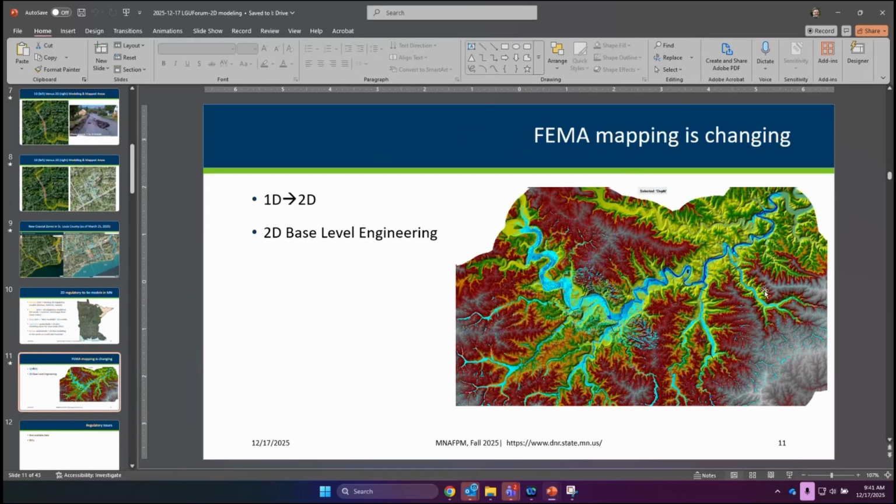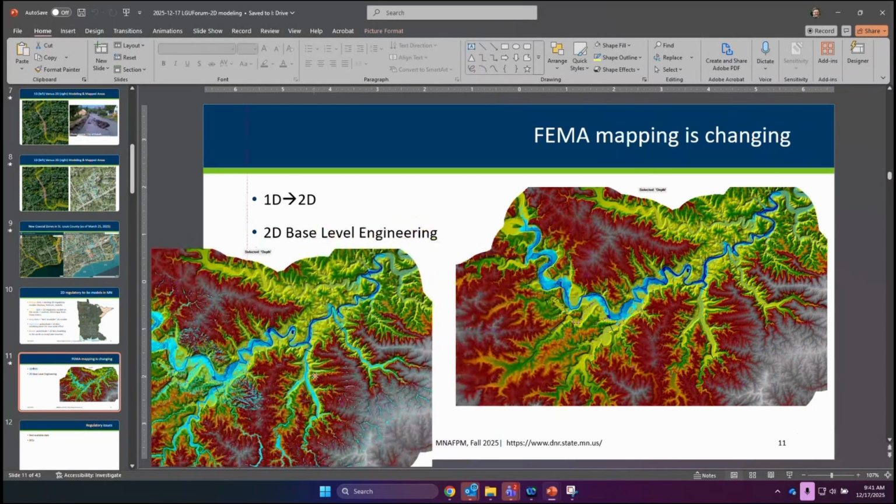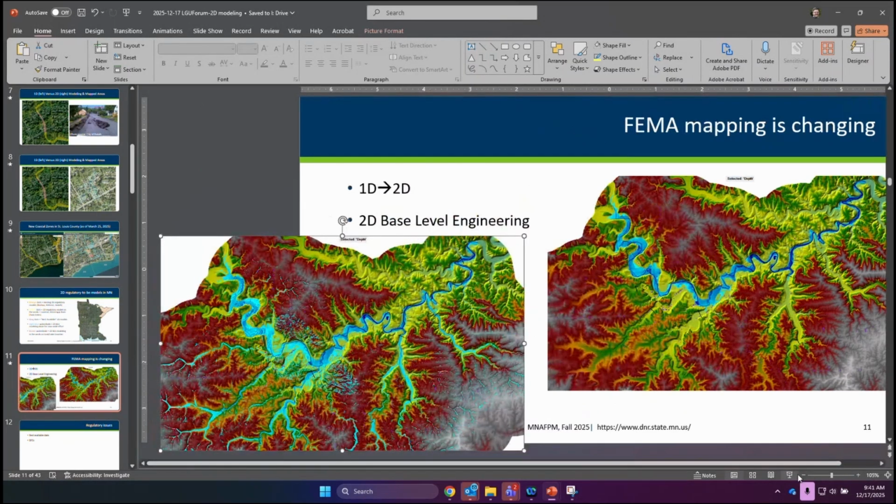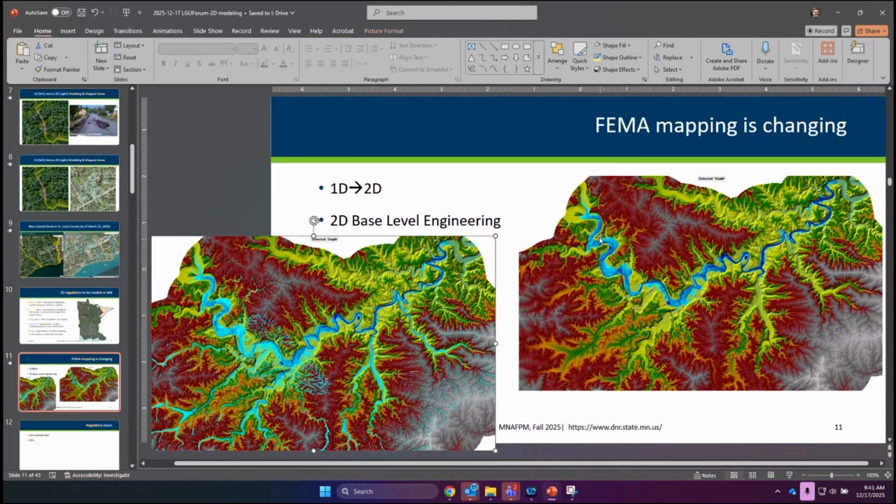To give an example of how some of this may work, this is where the animation would have been really helpful if I had that on the screen here. But if I just move this, you can see, on a regulatory map, you might just have a floodplain along the main stem of the river, and that's fine and dandy.